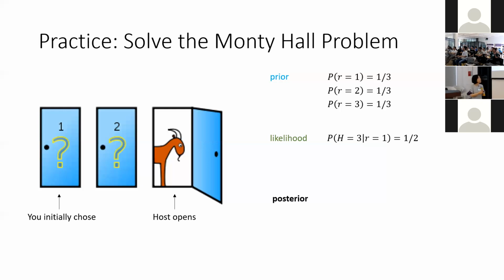But if the car is behind door 2, then the probability for the host to open door 3 is certain, it's 1. And of course, if the car is behind door 3, the probability that he opens door 3 is 0.